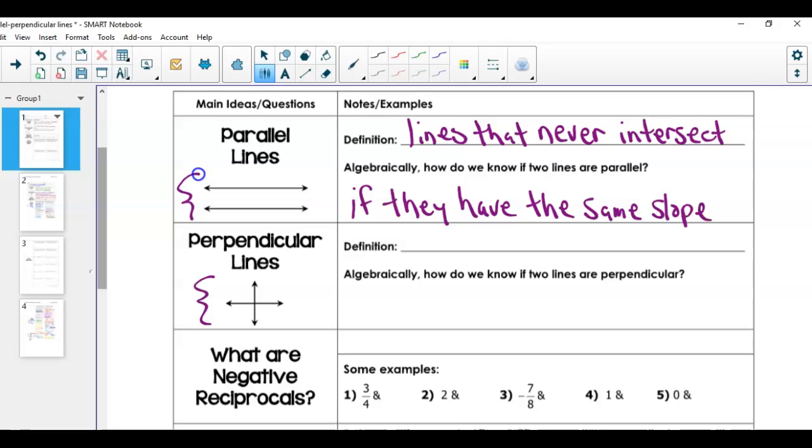Right? And then for perpendicular lines, these lines have to intersect, but they have to intersect at like a 90-degree angle. So I could say that this is a 90 degree, this is a 90 degree, this is a 90 degree, this is a 90 degree. So they have to intersect and basically make a plus.